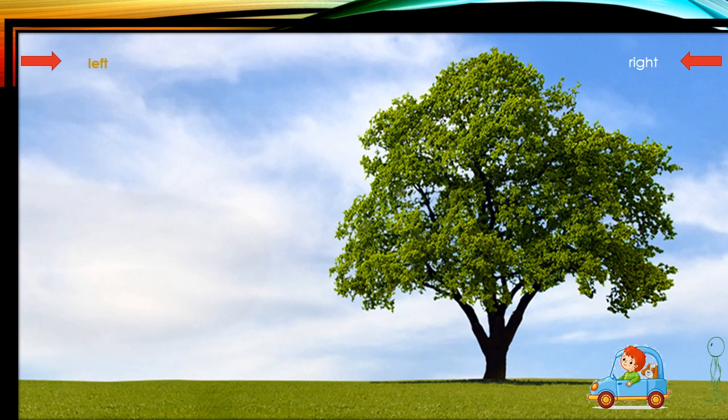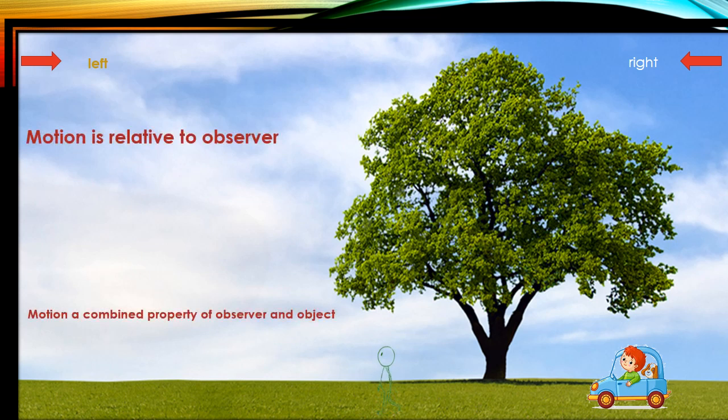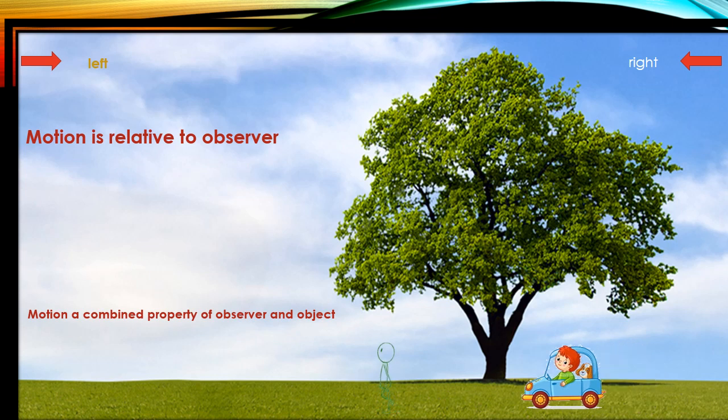Can you know? No, because you are not observing relative to anything. If you observe the stars, then we say the earth is rotating. Here a car is moving from right to left.